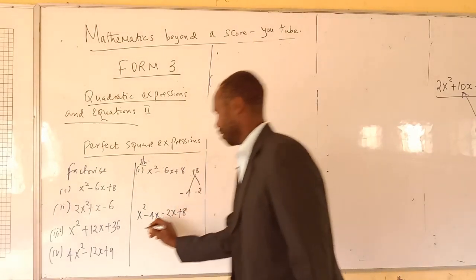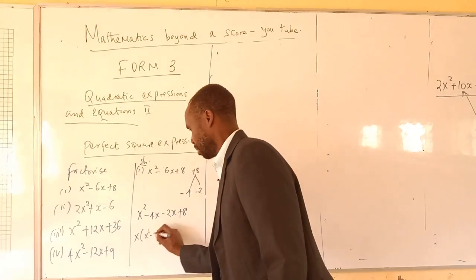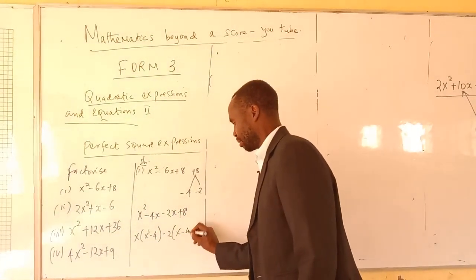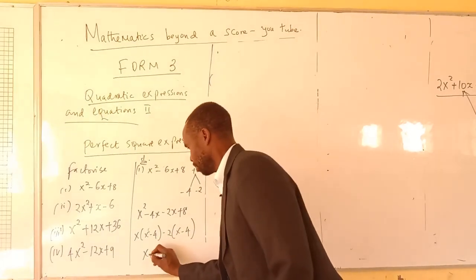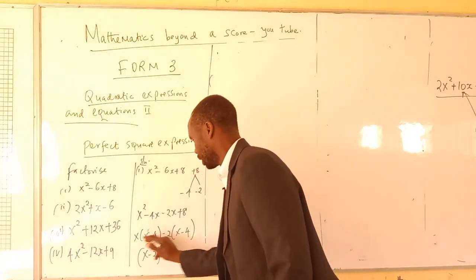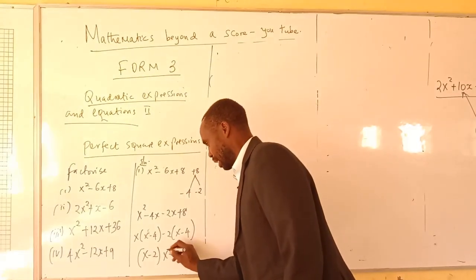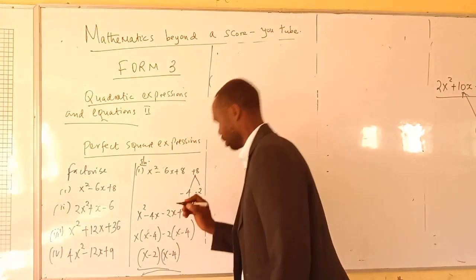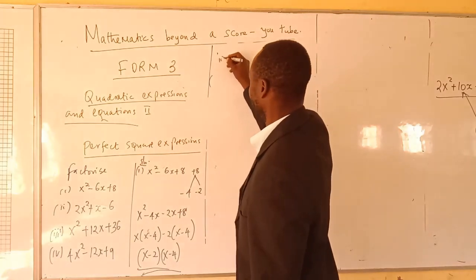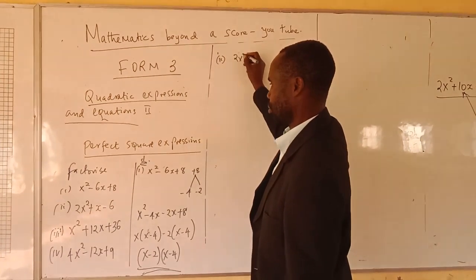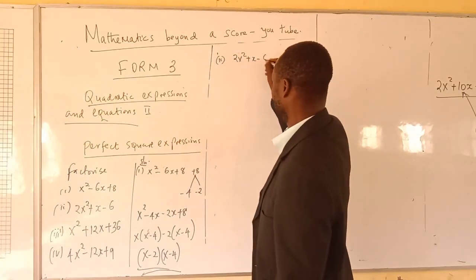So we will have x(x - 4) - 2(x - 4). We join these and copy one of the brackets, x - 4. So (x - 2)(x - 4) is the factorization.